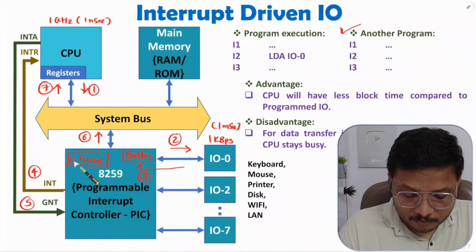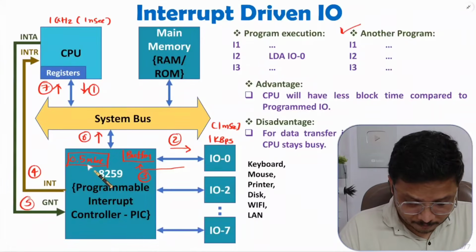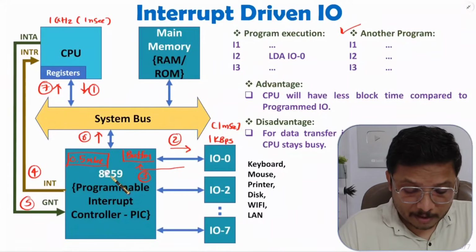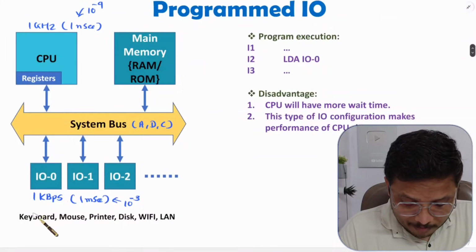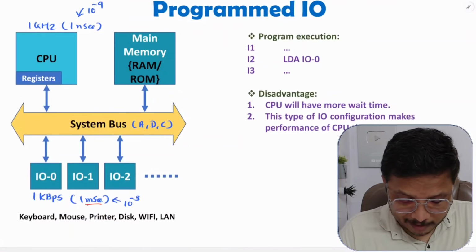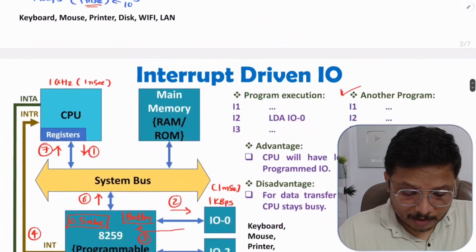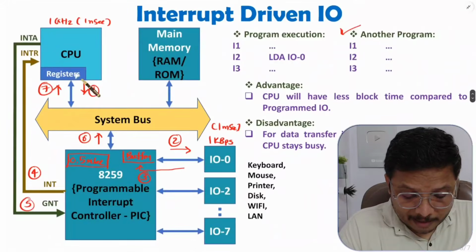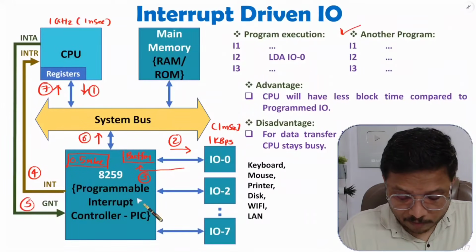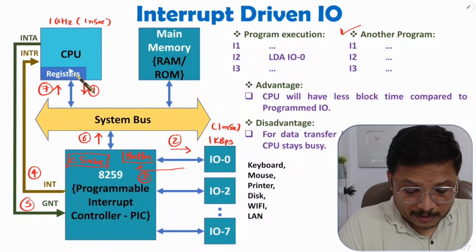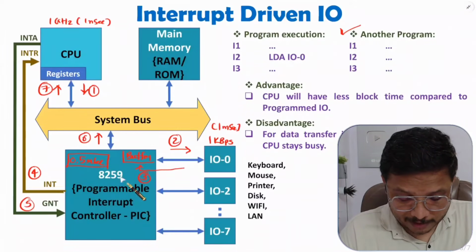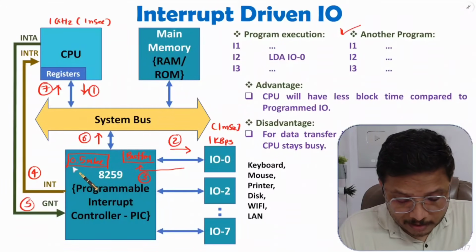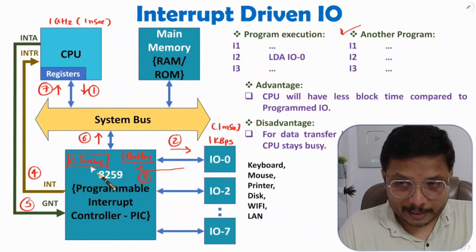Previously, with the slower device like a keyboard, it was waiting for 1 millisecond. Because of that waiting time period, the CPU is now free to execute another program while all these things are happening inside the 8259. So that waiting time period is significantly decreased to 0.5 microsecond.